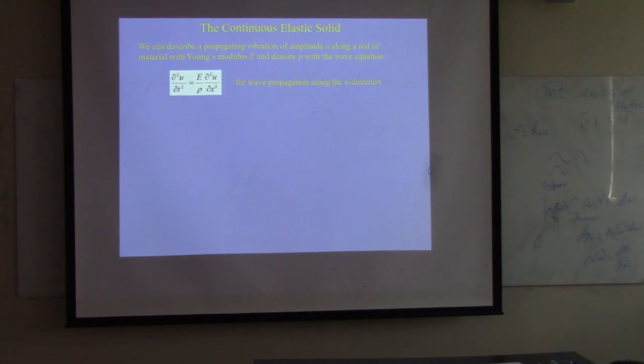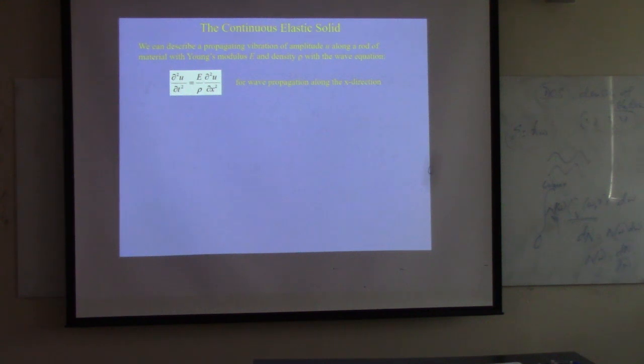This is something you know from undergraduate level, right? What are this E and rho? They are the Young's modulus and the density, right? You can easily prove this one. If you take a rod or something, you have delta x. If you stretch this by delta c by some force, you know the strain, right?